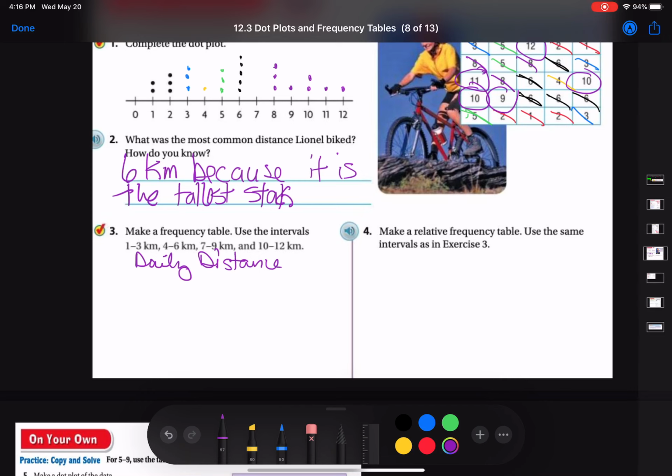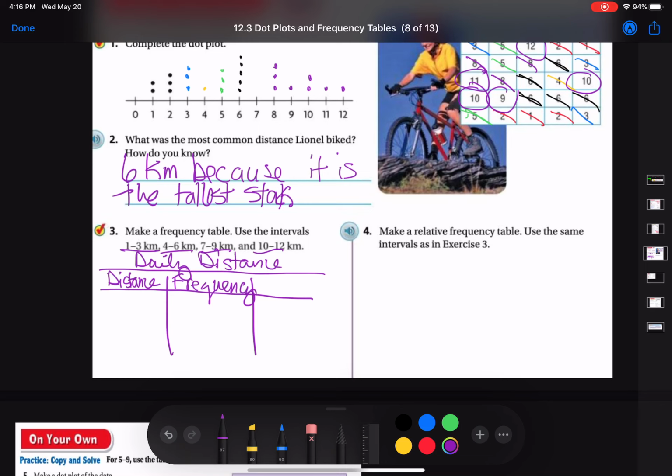Okay. And so then we're going to have 3 columns. We're going to have the distance column, and the distance columns are going to be these intervals here. And then this one's going to be frequency.